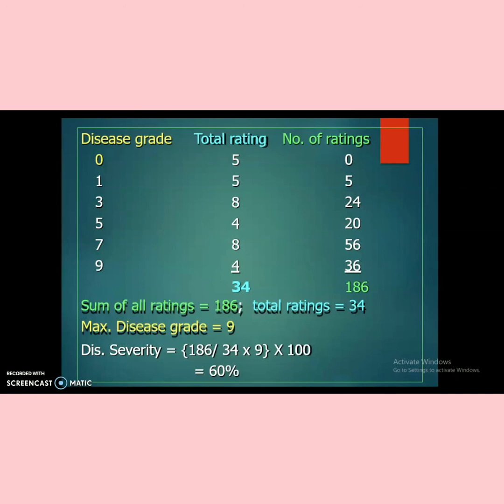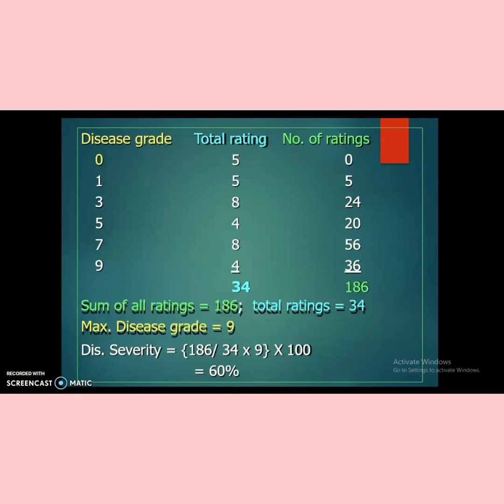On the third grade, 8 pods observed, so 3 into 8 is 24. On the fifth, 5 into 4 is 20. On the next one, 7 into 8 is 56. Last, the maximum grade, 9 into 4 is 36. So we add all these: 0 plus 5 plus 24 plus 20 plus 56 plus 36 is equal to 186, which is the sum of all ratings.